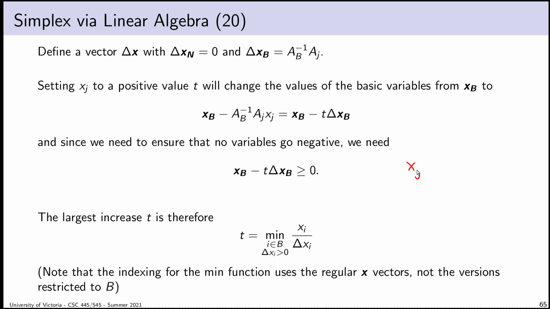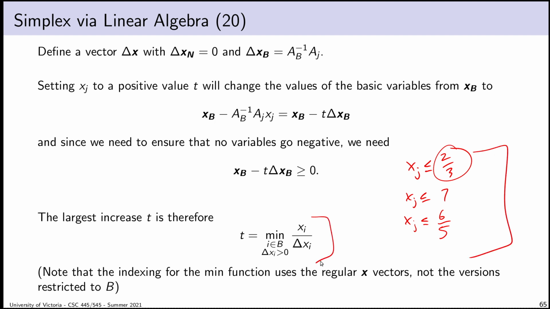So for example, my entering variable is xj, and I computed the bounds: xj is less than 2/3, xj is less than 7, xj is less than, I don't know, 6/5 or something. Then the value of my entering variable, t, would be the lowest such bound, the minimum across all of the bounds.